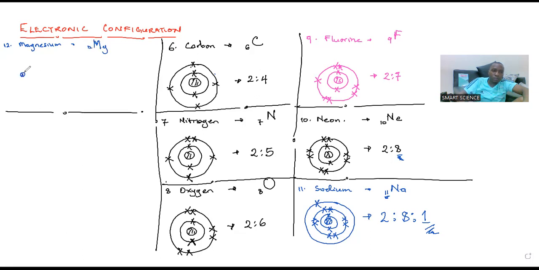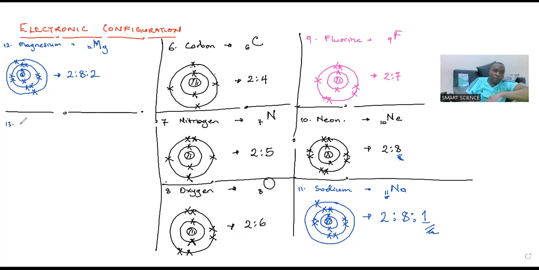If this is the nucleus, the first shell possesses 2 electrons, the second shell possesses a maximum of 8, it cannot exceed 8, and now those are 10 electrons. That means the last 2 electrons are going to be found in the third shell, which means our electron configuration becomes 2, 8, 2.